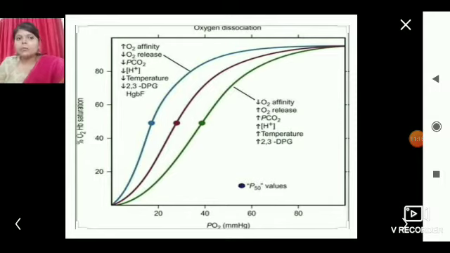A decrease in the partial pressure of carbon dioxide and a decrease in ionic concentration will also help in shifting the graph, because it is urged to get saturated very fast. A decrease in temperature, in colder times, you would feel that you breathe more because exothermic reactions will be occurring.